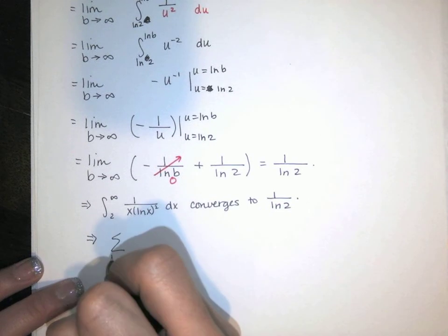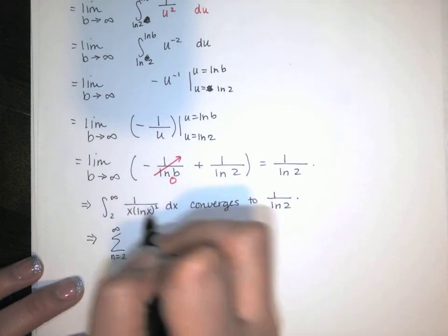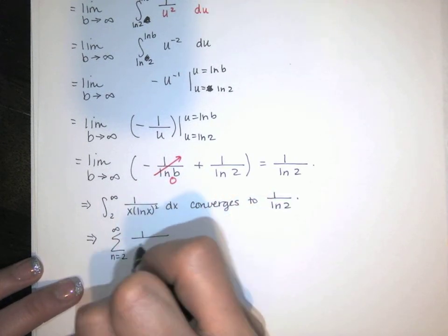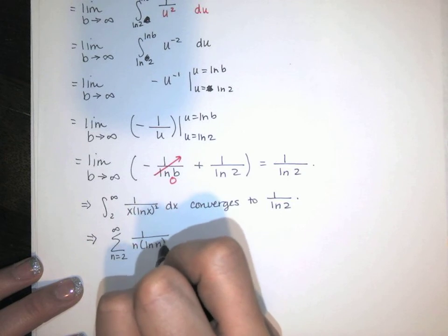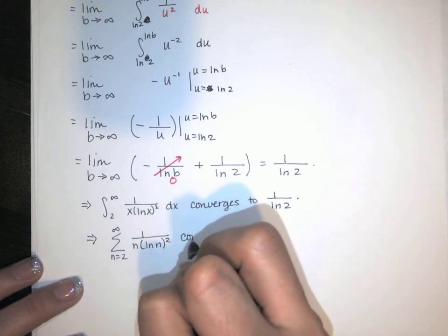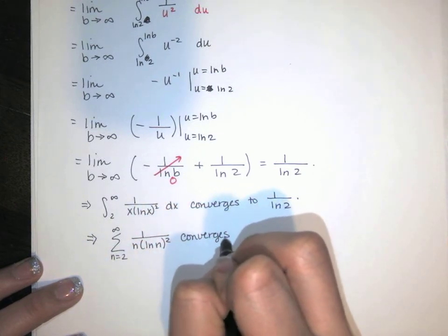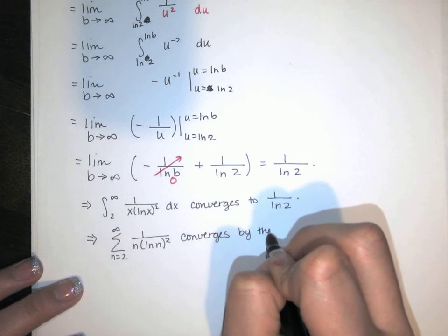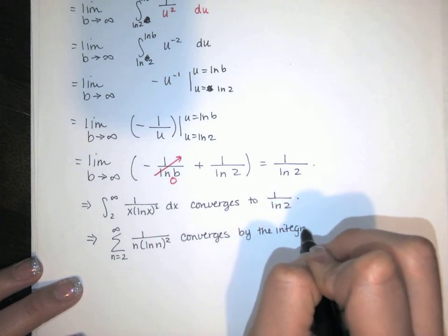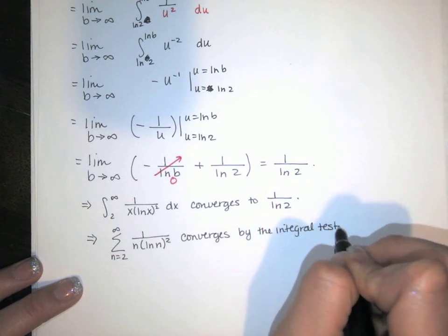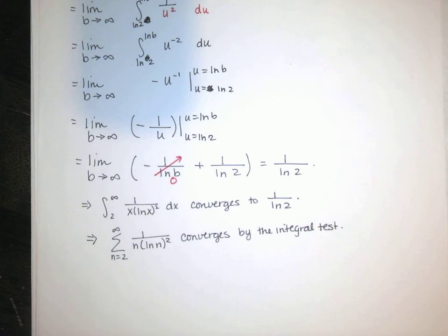Not the same something. So, since this converges, we can say, we're absolutely sure, according to the integral test, that this converges by the integral test. We see that the integral test, it's a good test, it works. It's a little long and involved.